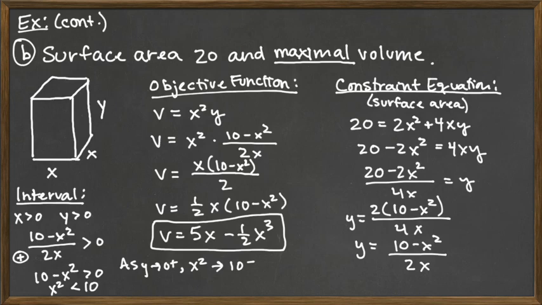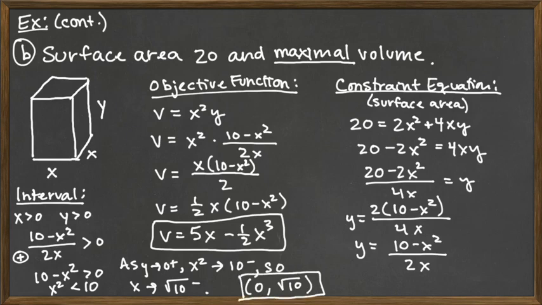And so x ends up approaching root 10, really from the negative side. And so that's giving us our upper bound for this particular one. X has to be bigger than 0, but it definitely has to be less than root 10. And so our interval then is going to be 0 to root 10 for our variable x, which is the only variable we had in our objective function.